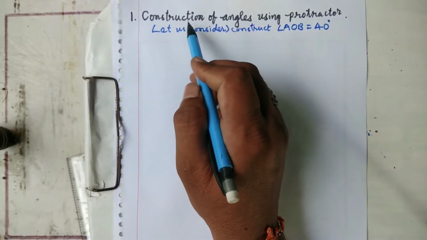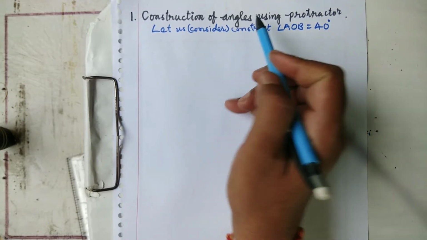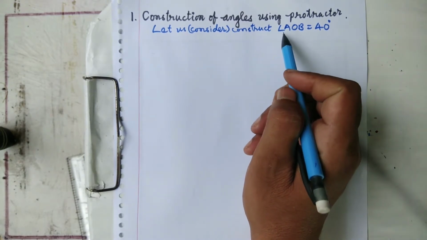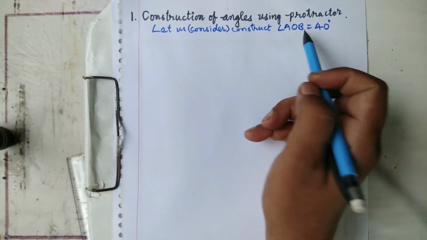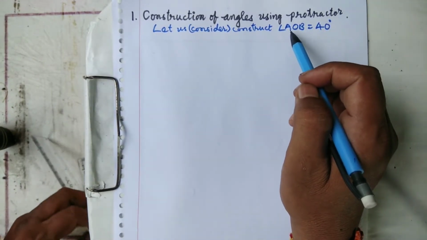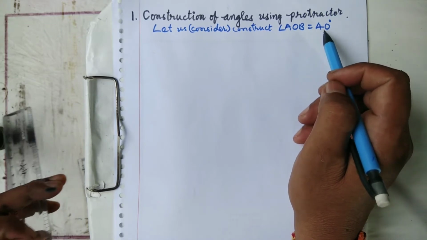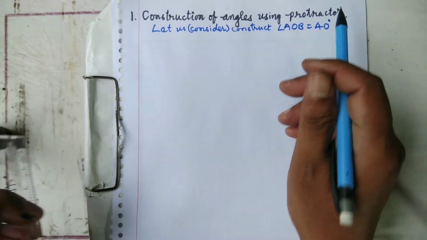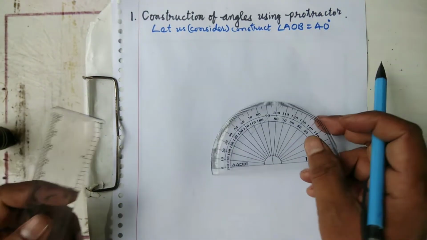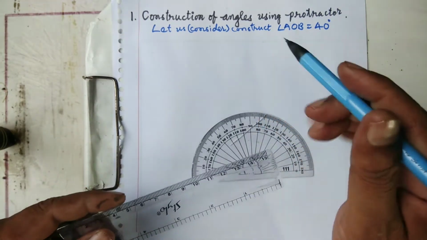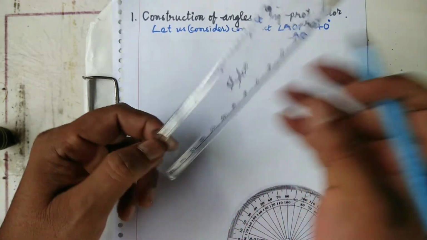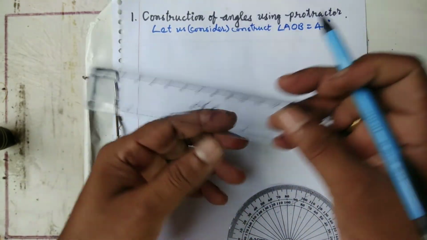First one, construction of angles using protractor. Let us construct angle AOB is equal to 40 degree. To construct angle AOB is equal to 40 degree, we have to use protractor, scale and a pencil. First we have to draw a ray.